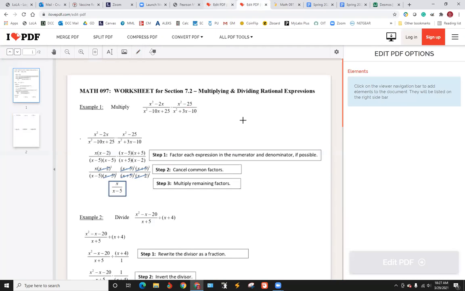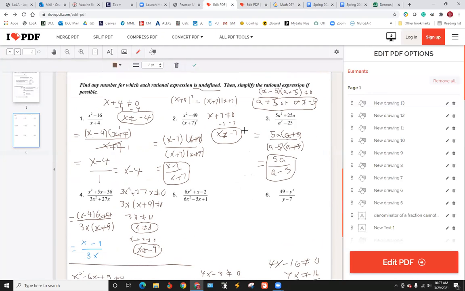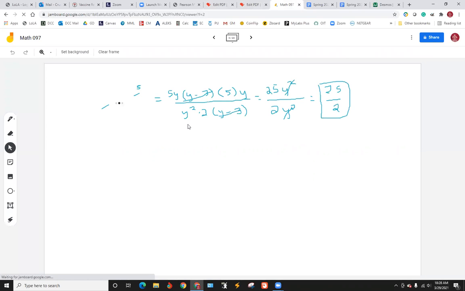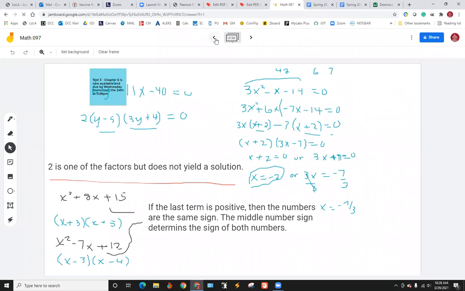All right. I think I might already have these done over here. Let's go over here and say the ones that we skipped. 5 and 6. All right. If you got any questions about any of those other ones, let me know.